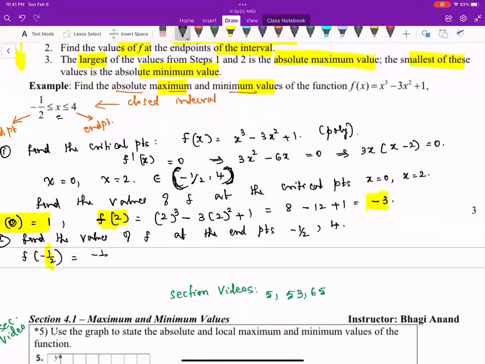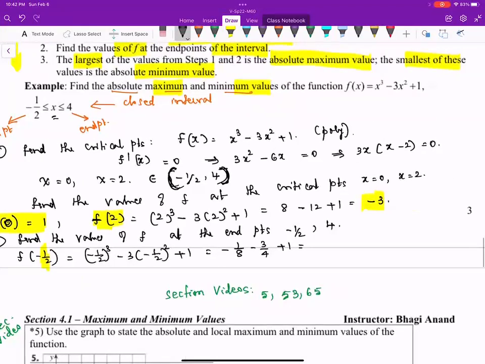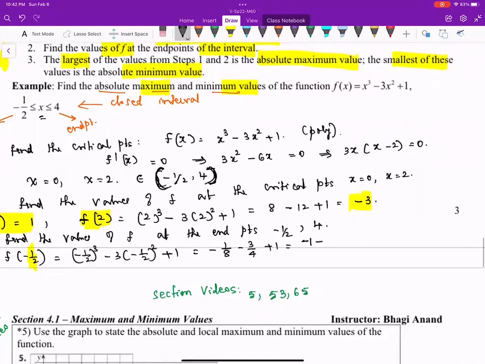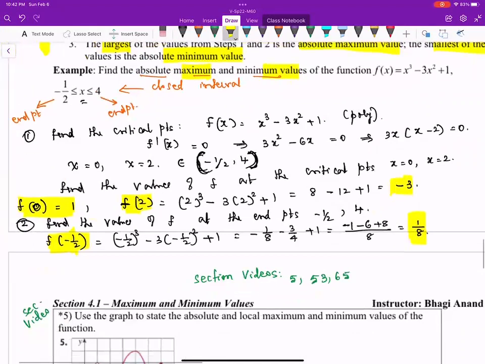So it is (-1/2)^3 - 3(-1/2)^2 + 1. This will be -1/8 - 3/4 + 1. If we take the LCD as 8, it will be (-1 - 6 + 8)/8. So it is 8 - 7, that will be 1/8. So we've got one value at the endpoint.